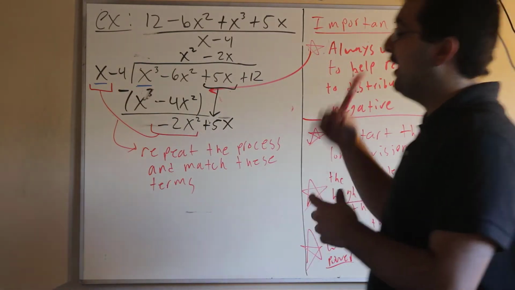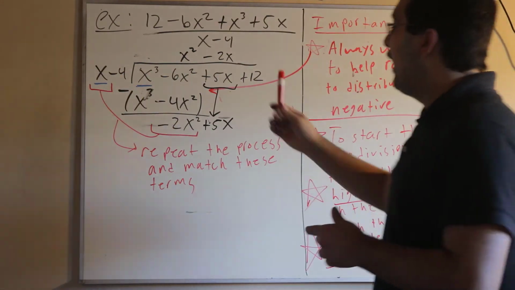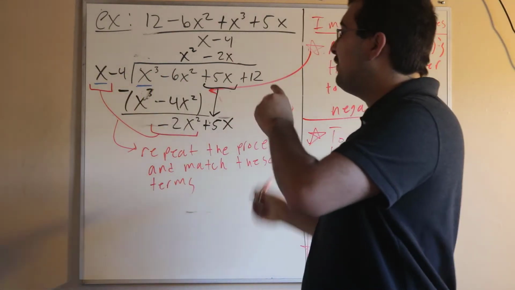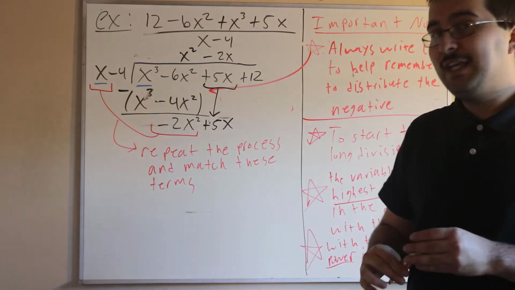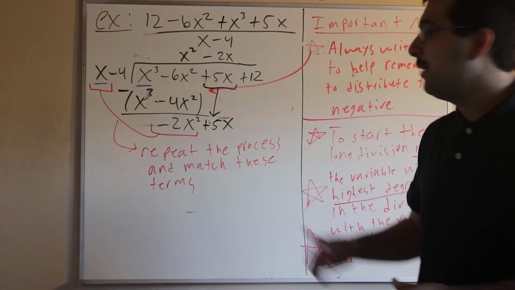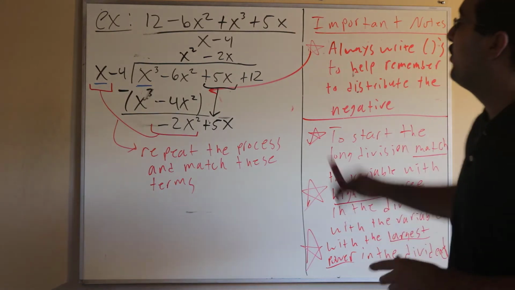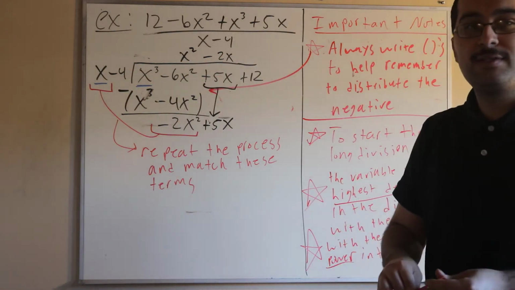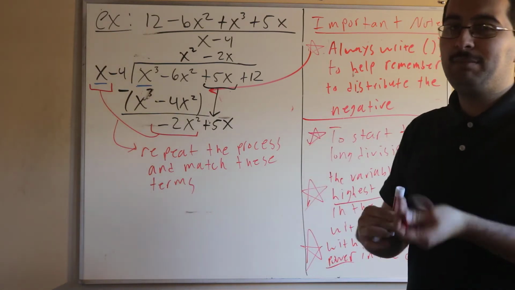Well, yet again, I want to take the variable with the largest power in my divisor, so x, and technically this isn't the dividend anymore, but this is the new equation we're looking at, and I want to match with the variable with the highest degree there, so that's the minus 2x squared. So that tells me I need to multiply by a minus 2x, because if I want to make x into minus 2x squared, that's what I need to multiply by.